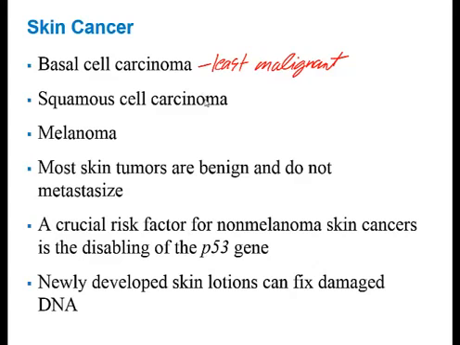Then there's the squamous cell carcinoma, which is the second most common behind the basal cell carcinoma. And then the worst is melanoma, which is quite rare, but this would be cancer of the melanocytes.